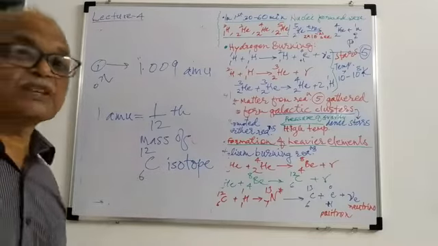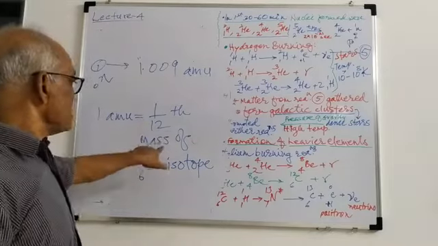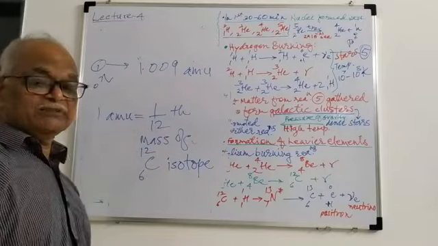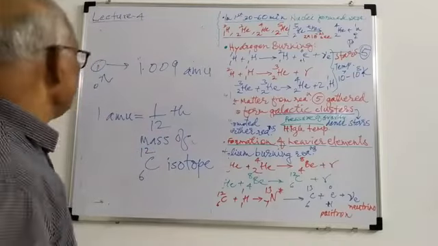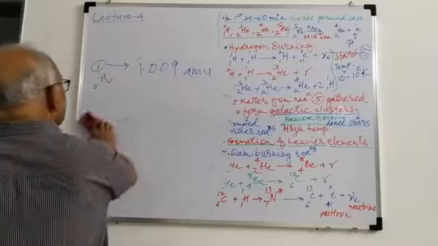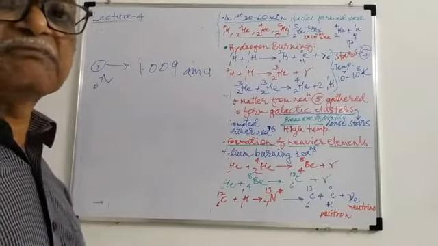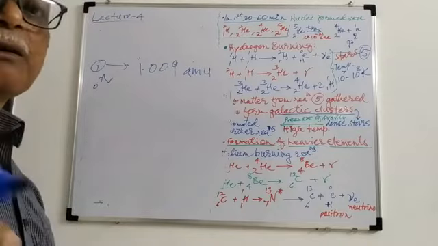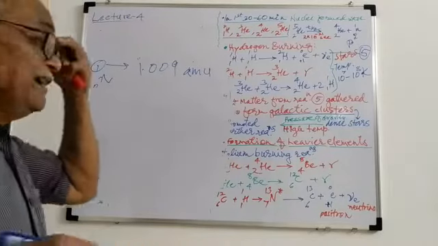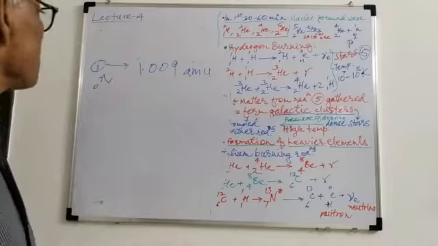So this is the base. AMU is the unit used to represent the mass of particles or elements, that is isotopes.